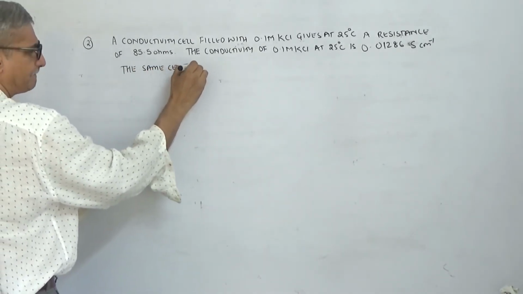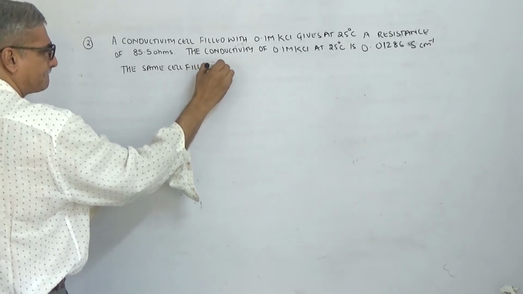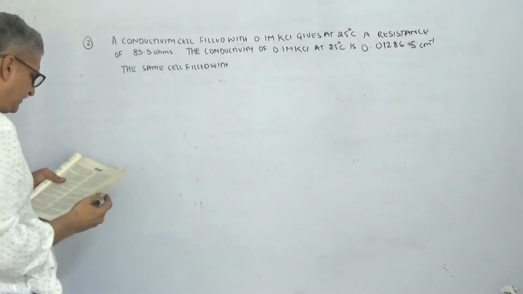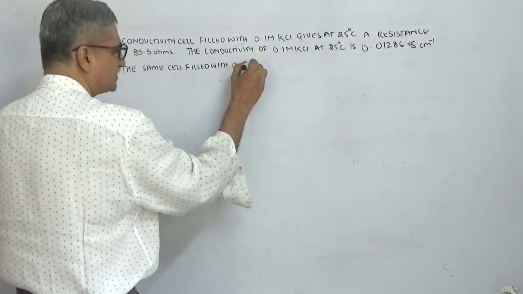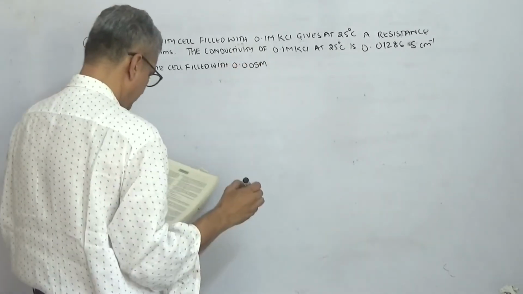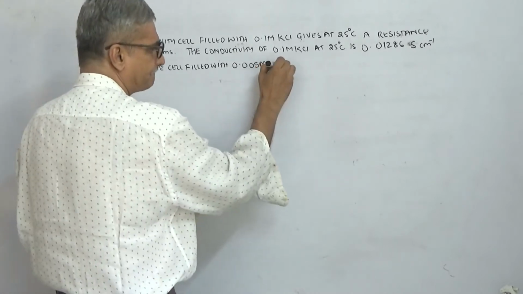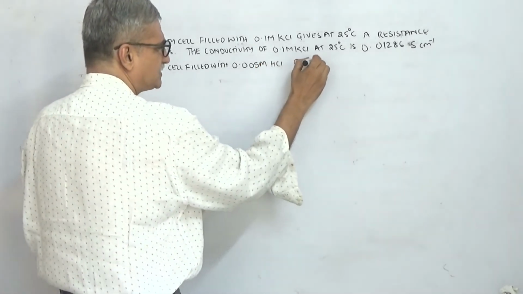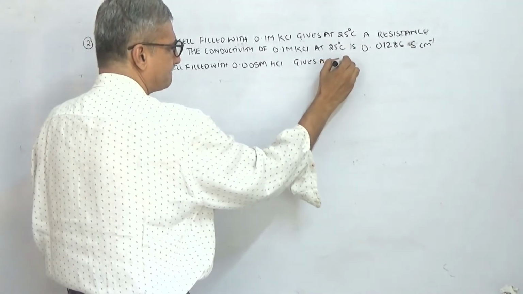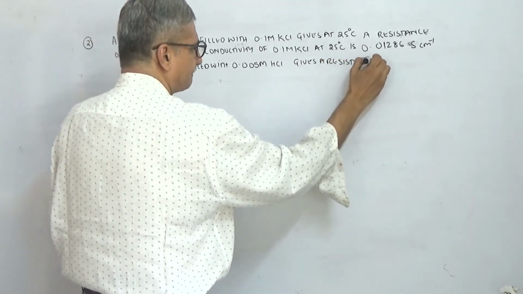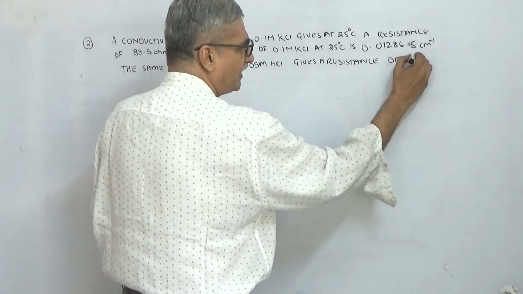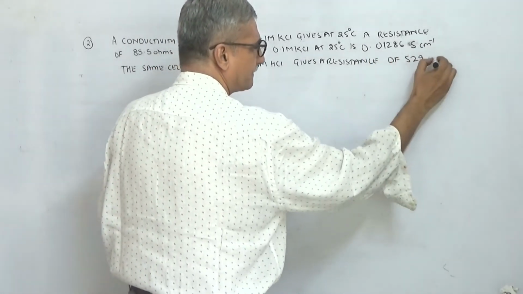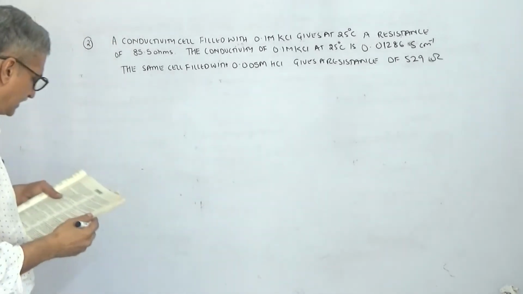The same cell filled with 0.005 molar HCl gives a resistance of 529 ohms. Same type like the earlier one.